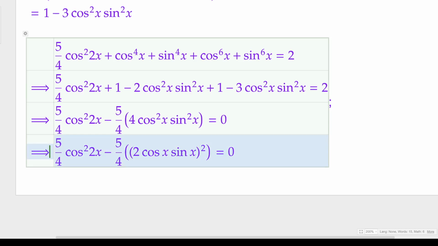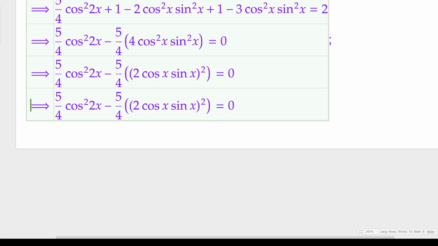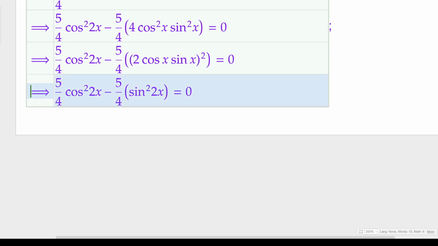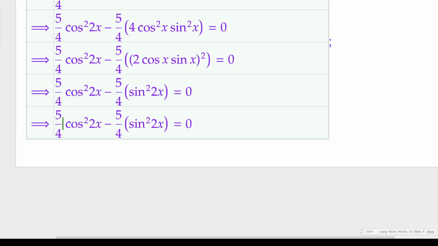So it is very clearly visible that this can be written as sin 2x squared, and then 5 over 4 is the common factor.